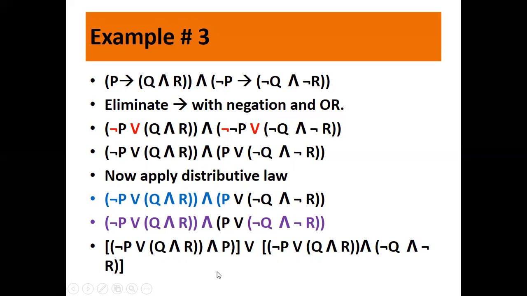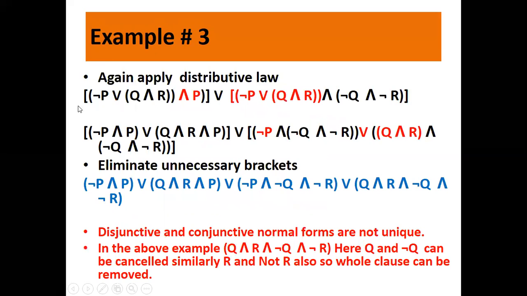Now if you look at the statement, there are still conjunctions available, so we reapply the distributive law. Look at this now. The same statement I have copied, only now we will be adding this. Again you have negation of P and P, or Q and R and P. The distributive law is applied here, and P is added here as well as here by expanding it.